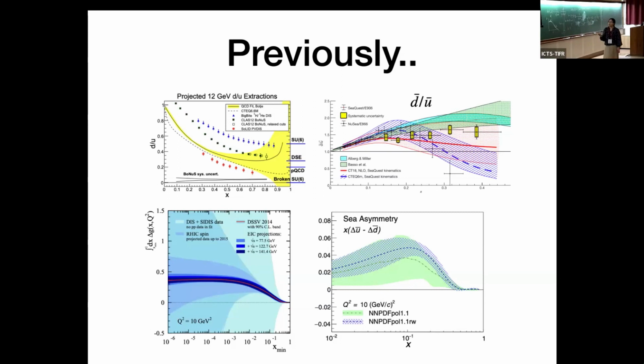All right, the last one that we talked about before the end of the first lecture was the polarized sea asymmetry. Since we talked about the unpolarized light anti-quark sea having this asymmetry with more d bar than u bar, how about the polarized case?